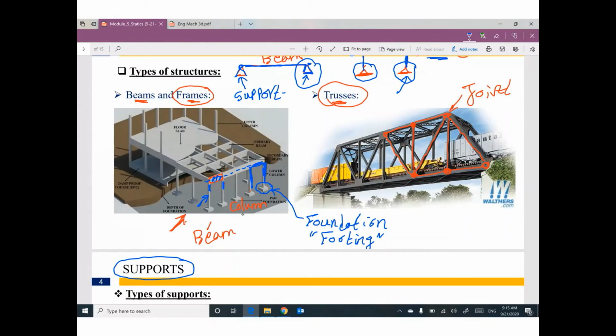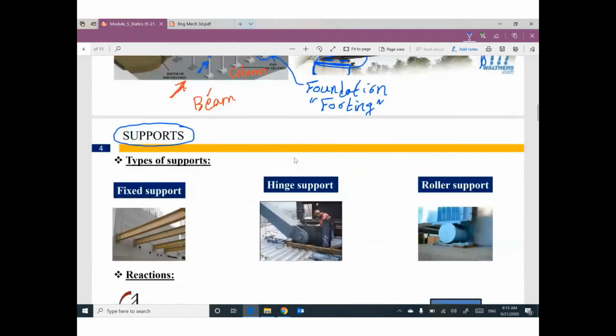For this truss, look at this apartment, this pier or retaining wall on this side or the other side. We have supports here, supporting this truss at these locations. So our topic this week is supports.